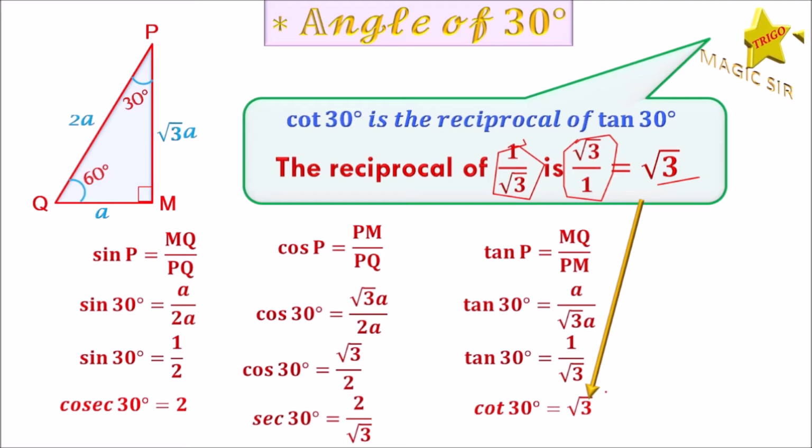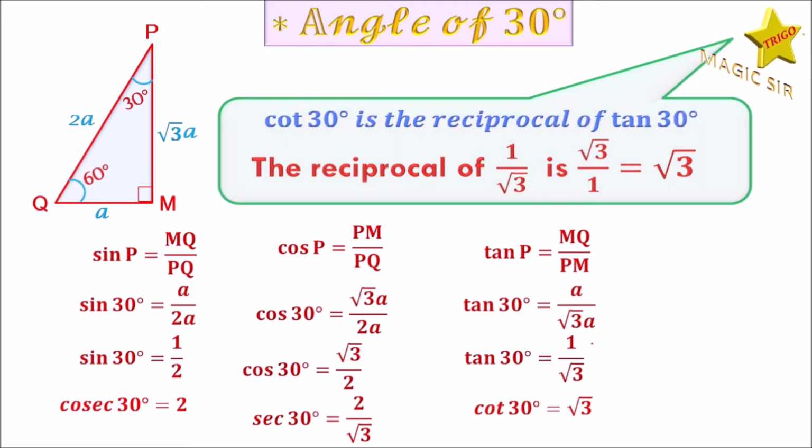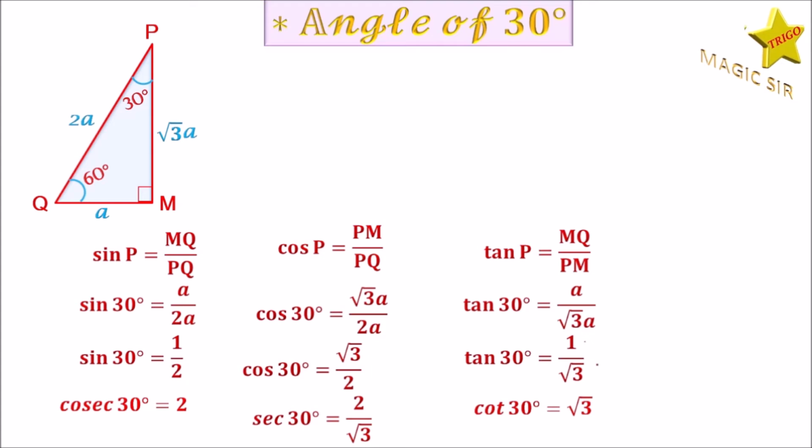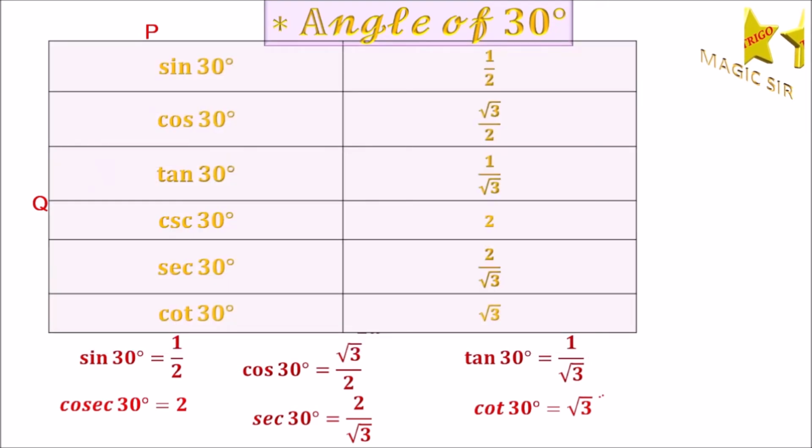Hence we have cot 30 equal to root 3. Hence we have found the values of the trigonometric ratios for the angle 30 degree.